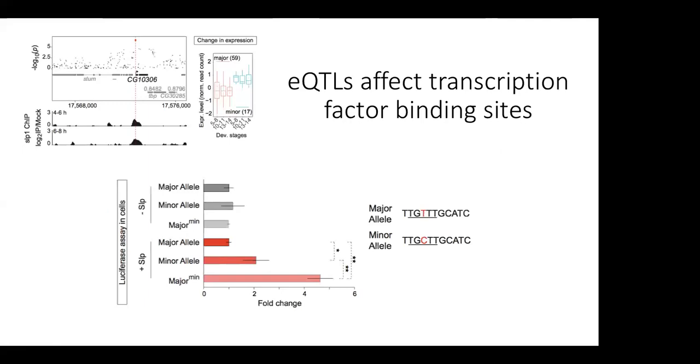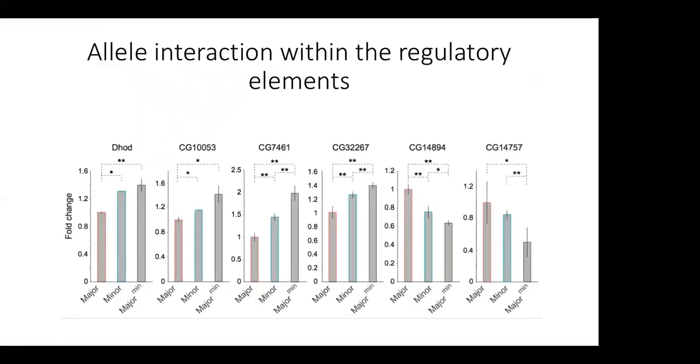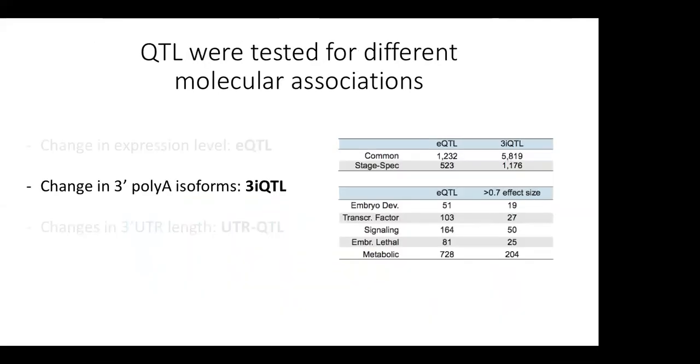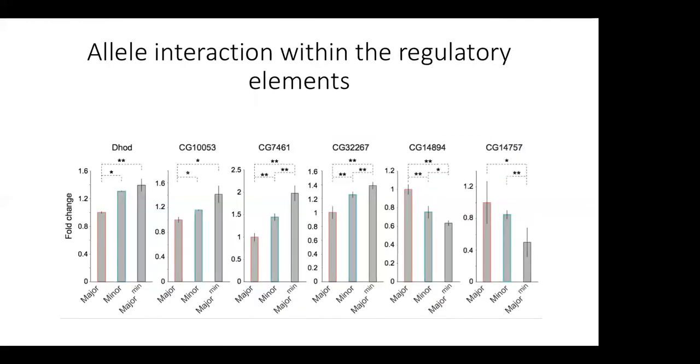And for this reason, we tested many other elements, and here you can see in this plot that there is definitely an allelic interaction within the regulatory elements that reduces, or buffers, the effect of the single nucleotide polymorphism or structural variation on the phenotypic level. And this is one thing that we didn't expect.